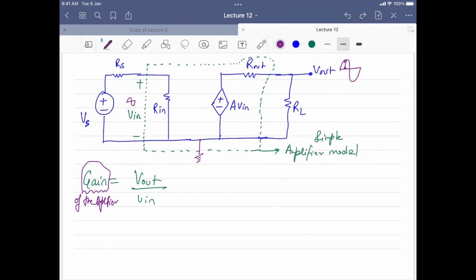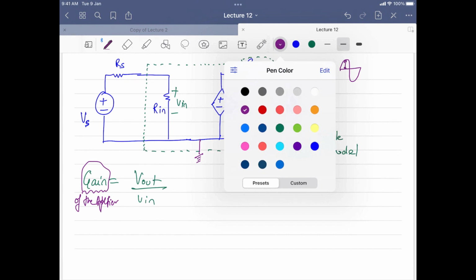If you see here, let me erase this. So this is your V in actually, or I can write V in like this also, because both of them are the same. Now I will change colors here.